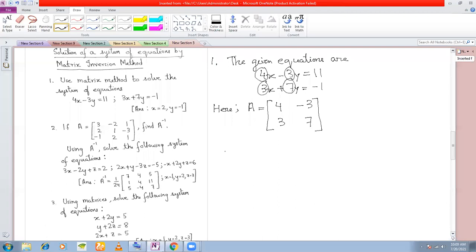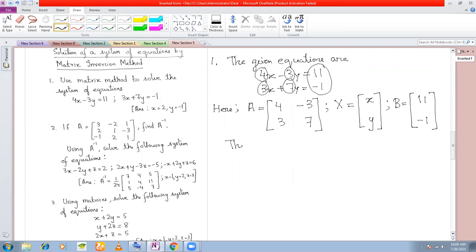Matrix X we form. What is matrix X? Matrix X is a column matrix which consists of the variables x and y. And we also form the matrix B. The matrix B consists of the right hand part, that is 11, minus 1.